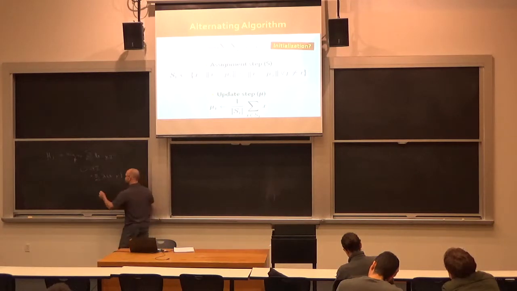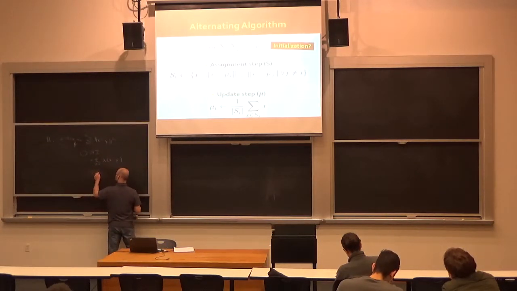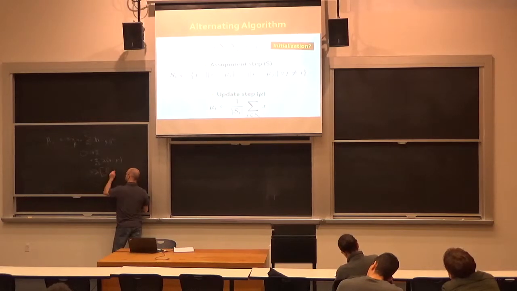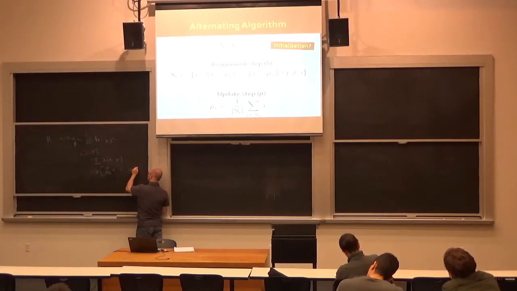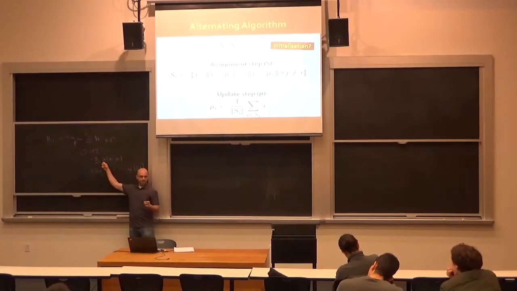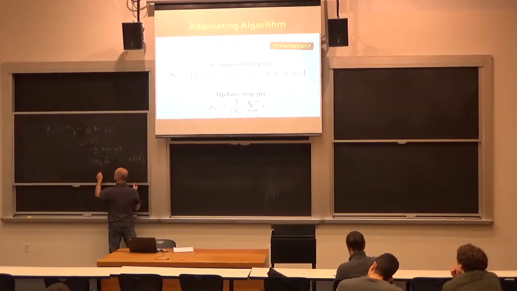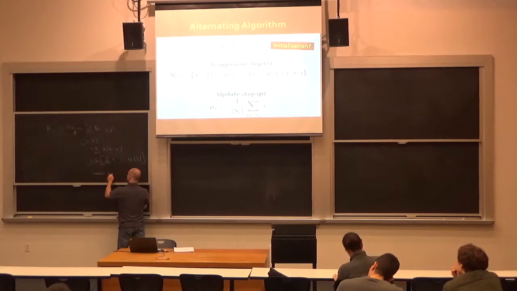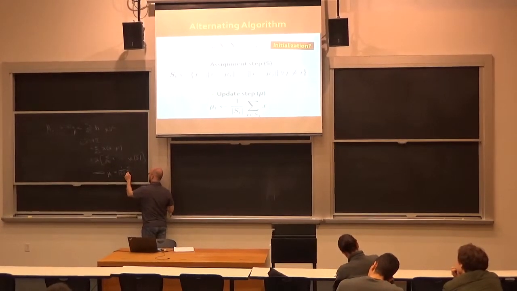So in other words, this thing is equal to 2 times the sum of x minus mu i times the size of s. You see that? I get one of these terms for each x, but it's the same term each time. So if I rearrange a little bit, I get that mu i is equal to 1 over the size of s i times the sum over x in s i.